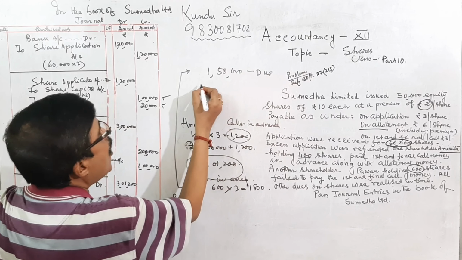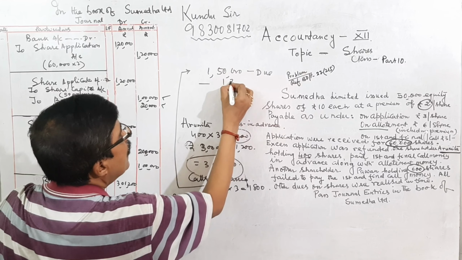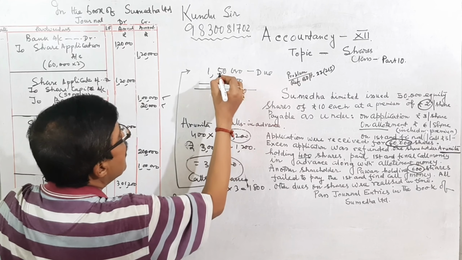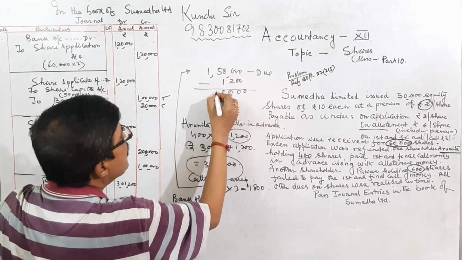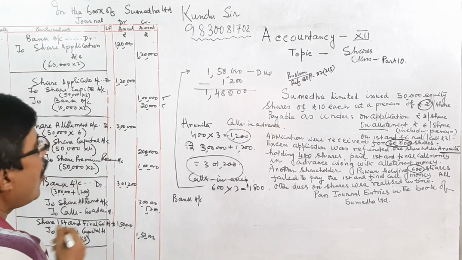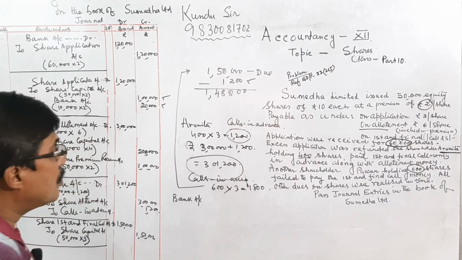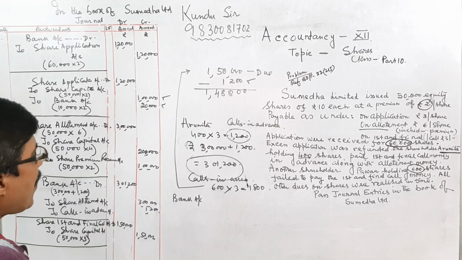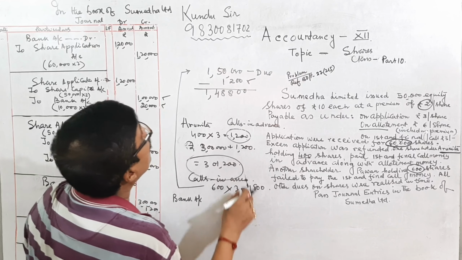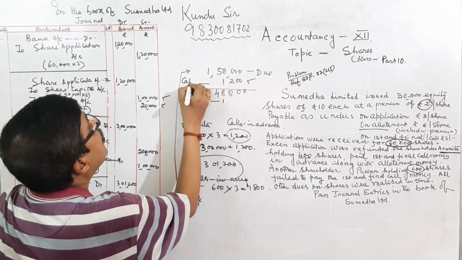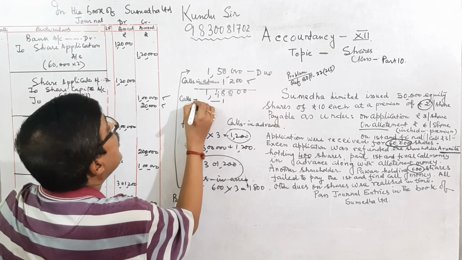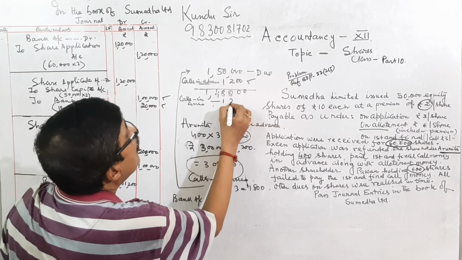We have already got 1,200 from Arunita. But at the time of final call, which is already due, Pawan is not giving 1800, so minus, it is calls in advance, it is calls in arrear, we are not getting.